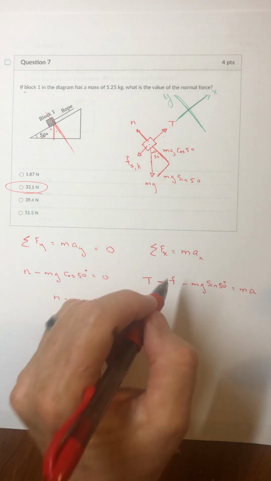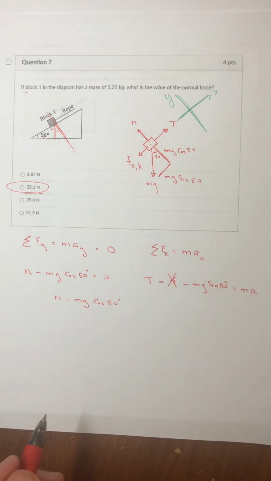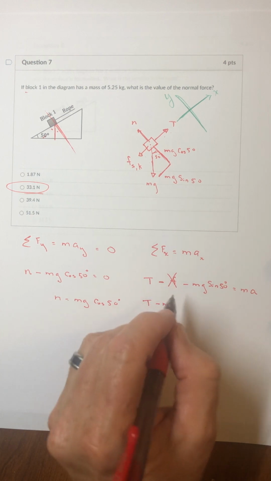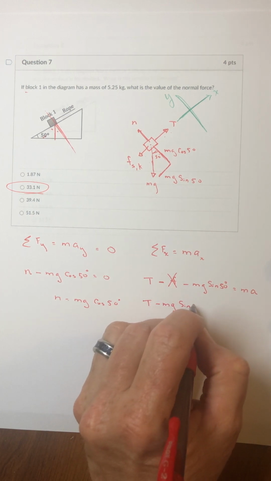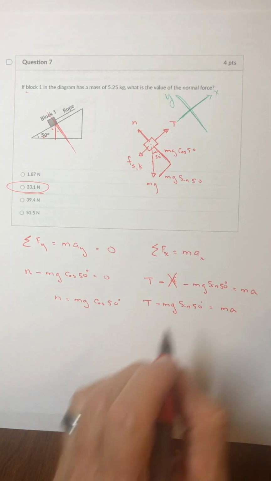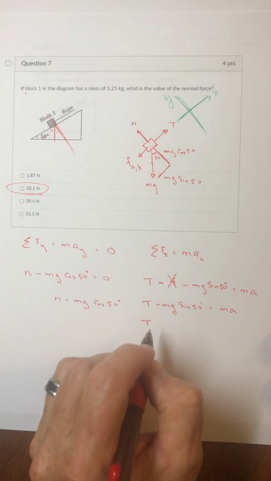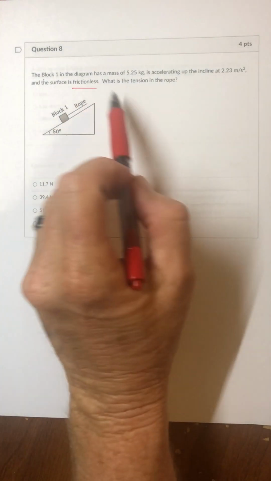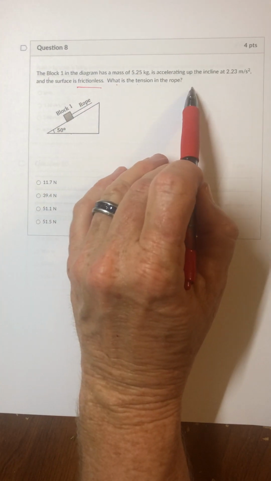But again, they said frictionless. So I will put a 0 for the friction, but they do tell me the acceleration, and that's perfect because they asked me for the tension. What is the tension in the rope?